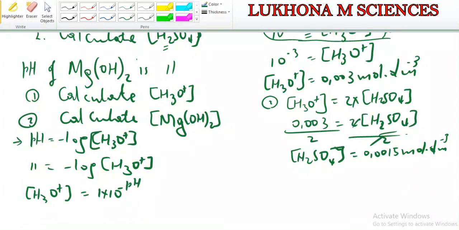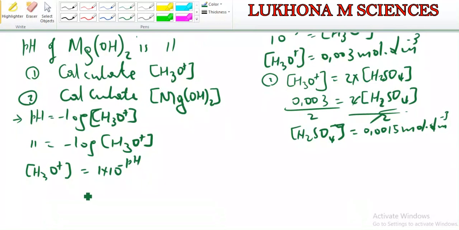Substituting, 1 times 10 to the power negative 11. Then press calculate. In my calculator I have 10 times 10 to the power negative 12 mole per dm cube. Then the first question is answered.